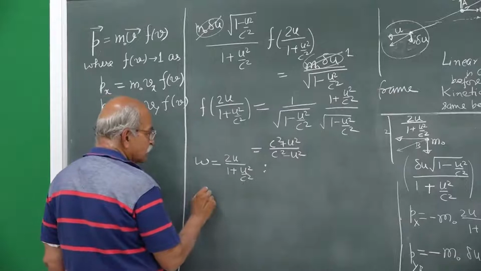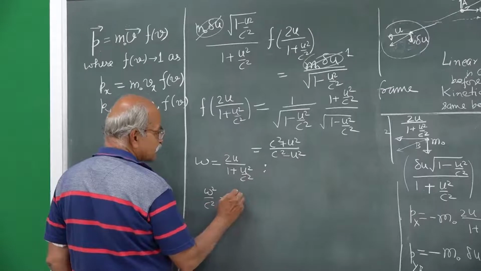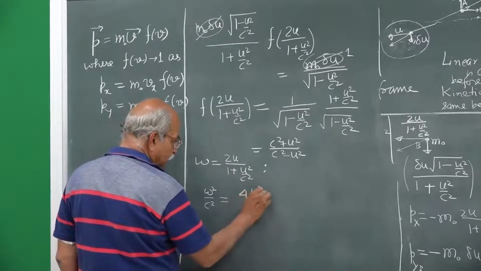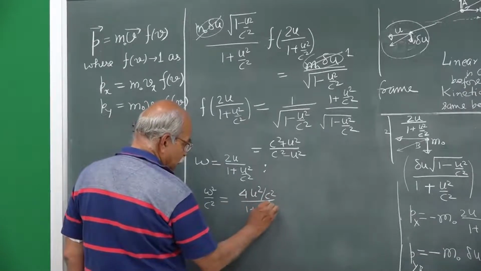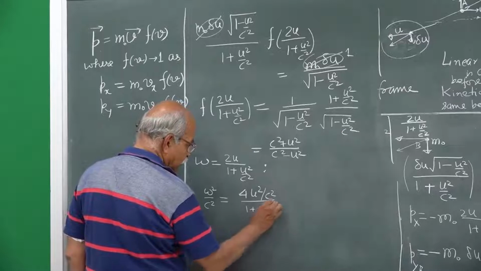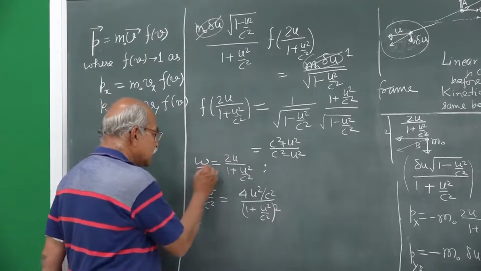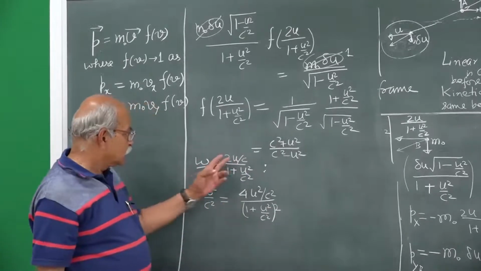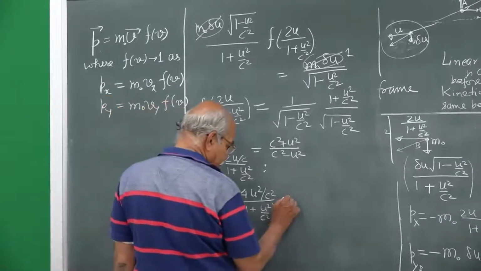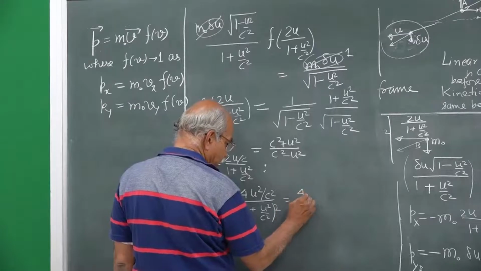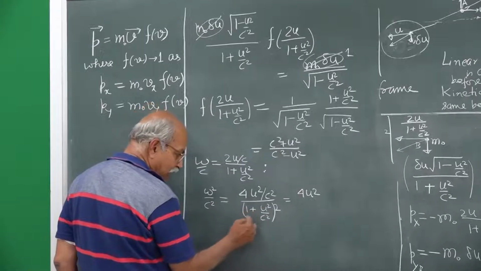Now, let us see what is w²/c². w²/c² is 4u²/c² divided by (1 + u²/c²) whole square, right. w by c, so divide by c, w by c is this, w²/c². So, 4u²/c² and whole square of this. So, you can write this as 4u², and remember this will be (c² + u²)/c².